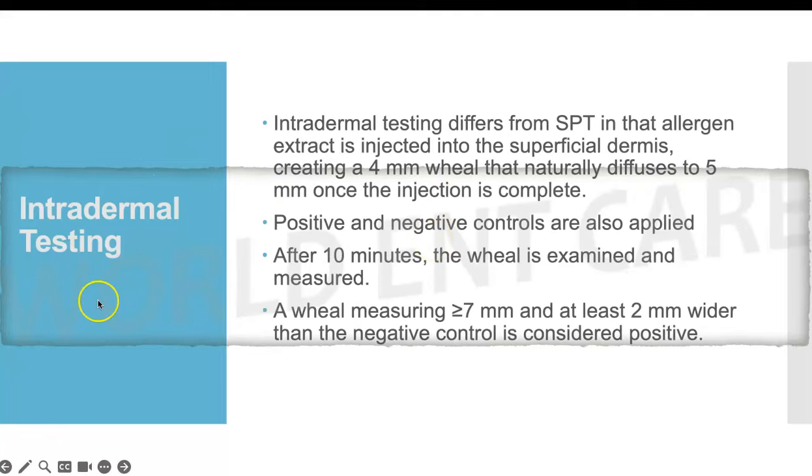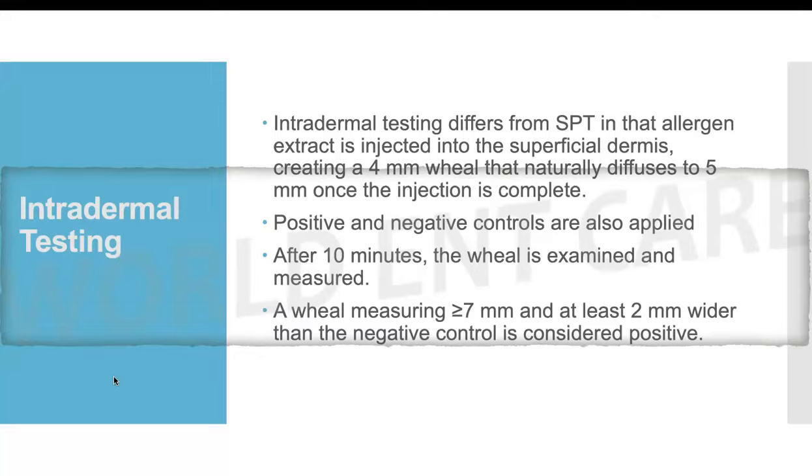Now then we have intradermal testing. What is intradermal testing? Intradermal testing differs from SPT in that allergen extract is injected into the superficial dermis, creating a 4 mm wheal that naturally diffuses to 5 mm once the injection is complete. So it is actually a little deeper.